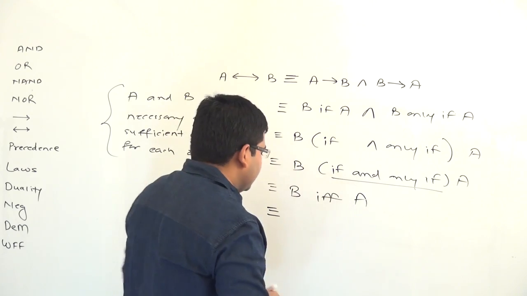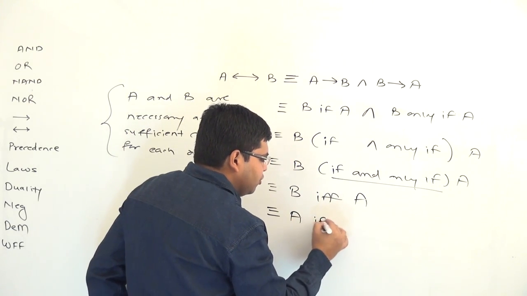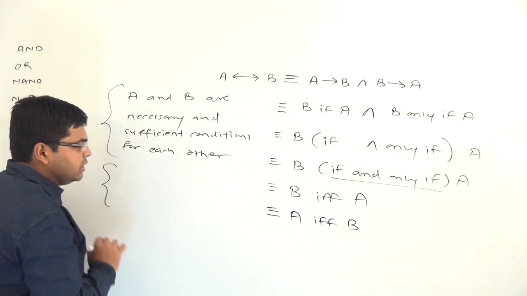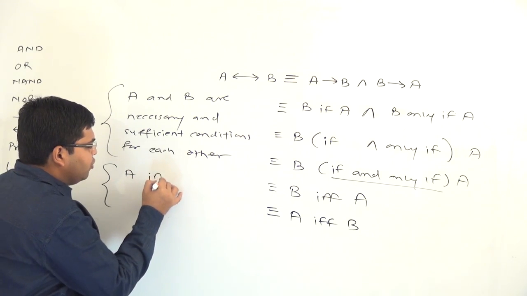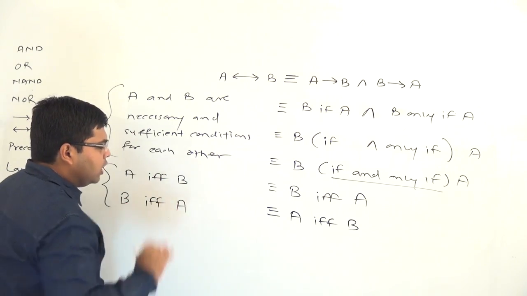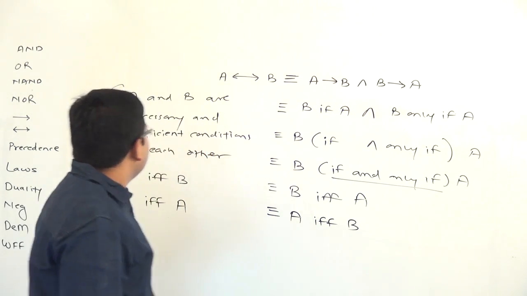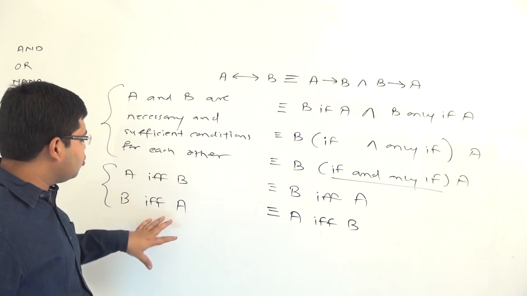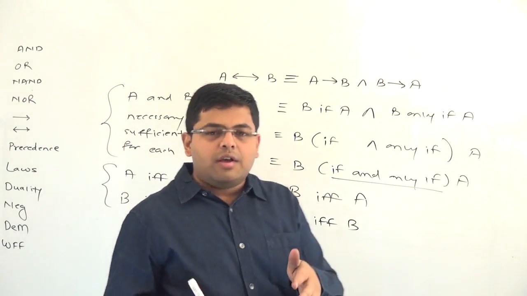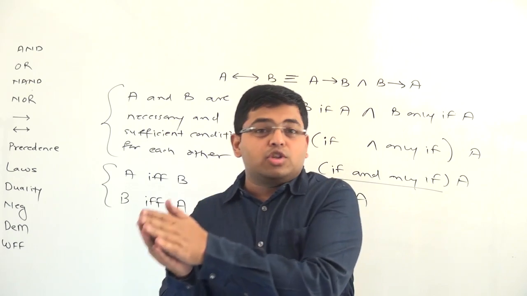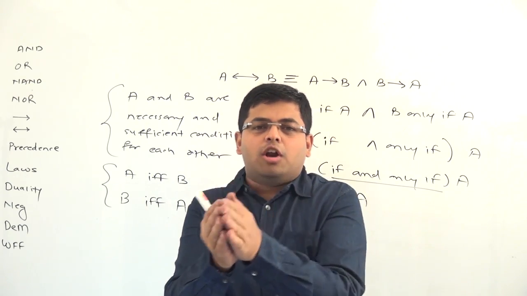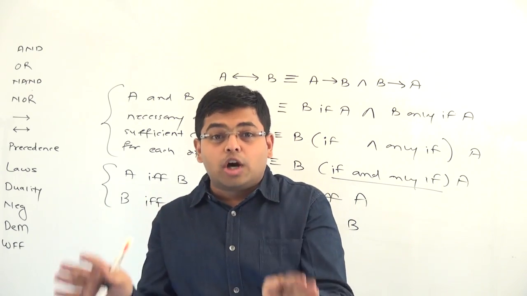We can change the sides and you will get A if and only if B. So another way to write this sentence will be A if and only if B, or B if and only if A. That means A and B are necessary conditions for each other, and A and B cannot exist without each other. One of them existing and one of them not existing will not be possible. Either both of them will exist or both of them will not exist.